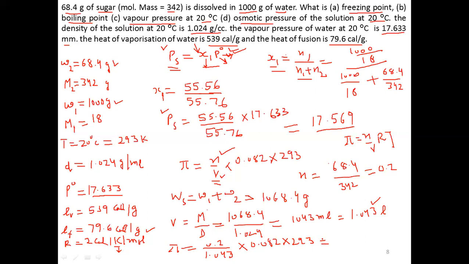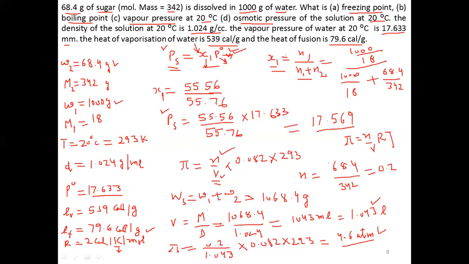If you solve it, it is 0.2 into 0.082 into 293 divided by 1.043. It is something around 4.6 atmosphere. So this is the osmotic pressure of the solution.